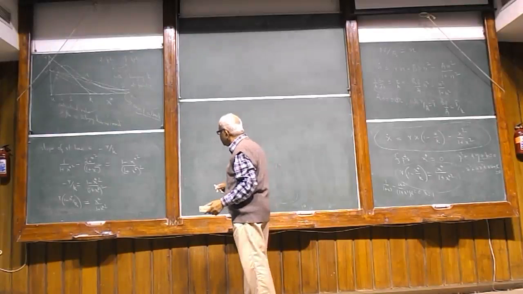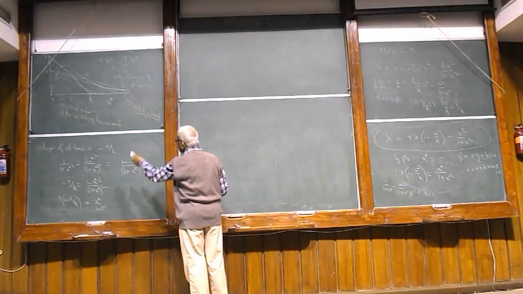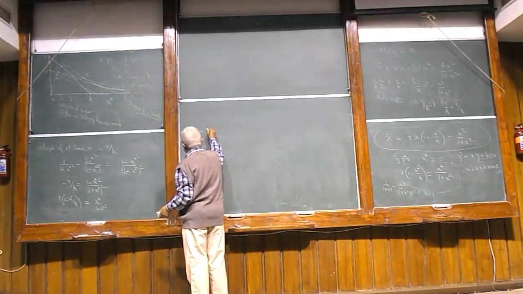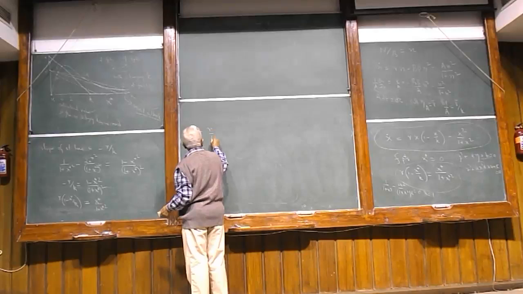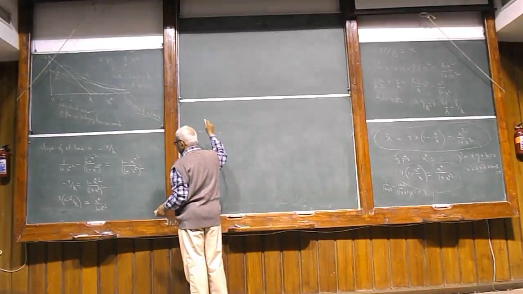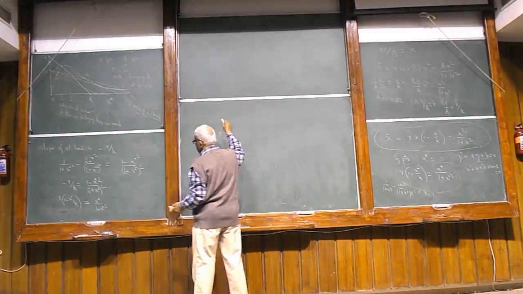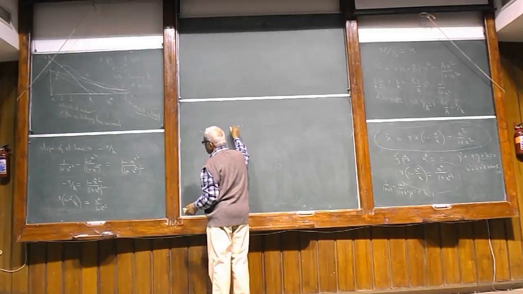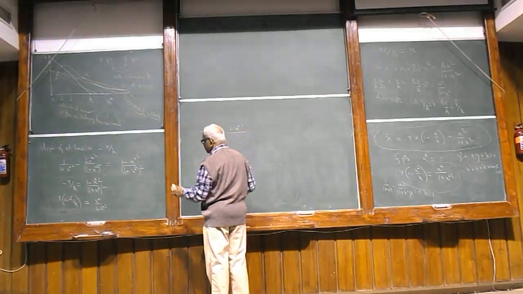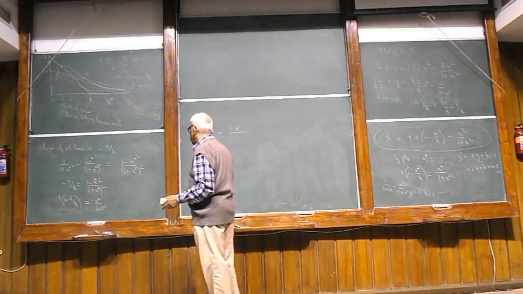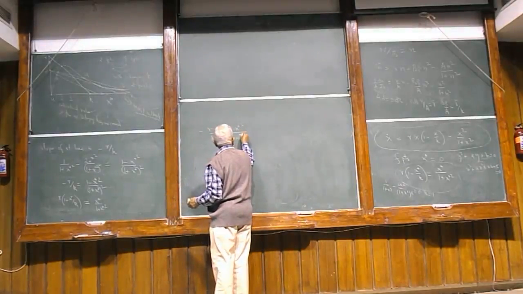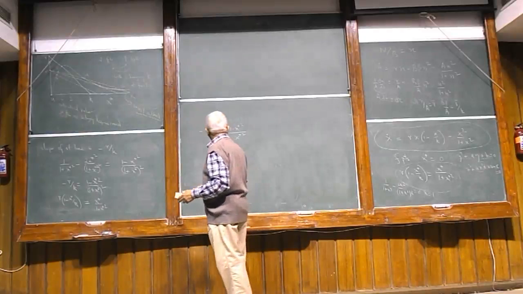If I want to look at the x star value, what I need to do is write minus r over k equal to 1 minus x star square divided by 1 plus x star square.